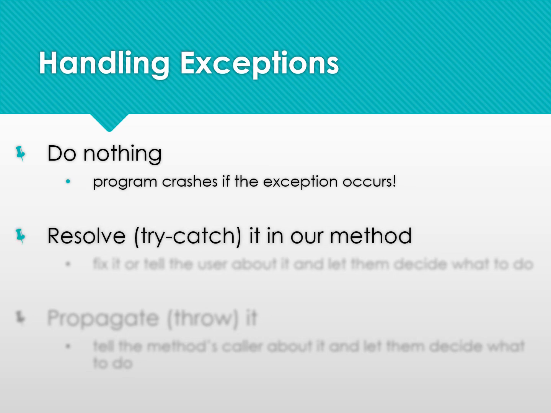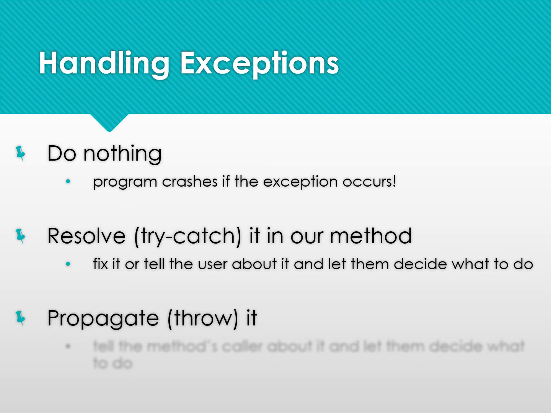In this class, in this semester, we are going to teach you how to do the second and the third approach. The second is to try to catch the error and handle it: try to fix it and tell the user about it. When there are errors, sometimes you want to tell the user what the error was and let the user decide.